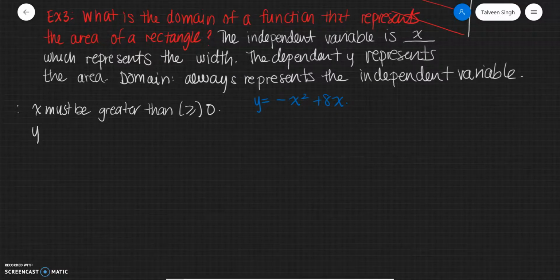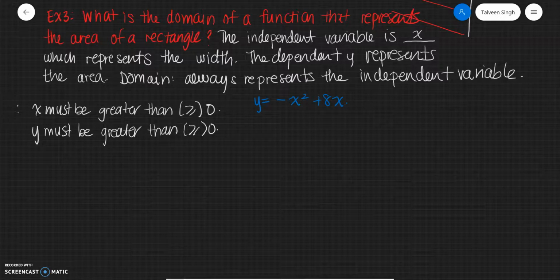So also your y must be greater than or equal to 0, right? You can't have a negative area, so your y must be greater than or equal to 0. You can have a 0 area. It wouldn't make any sense, but you can.